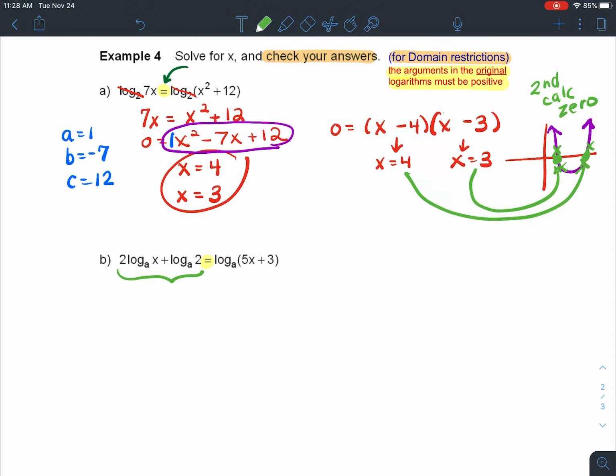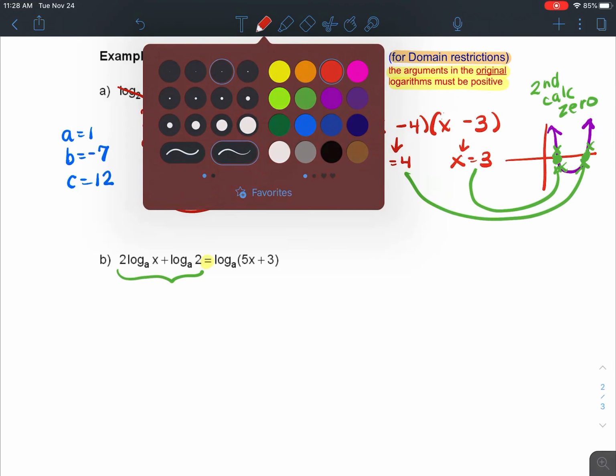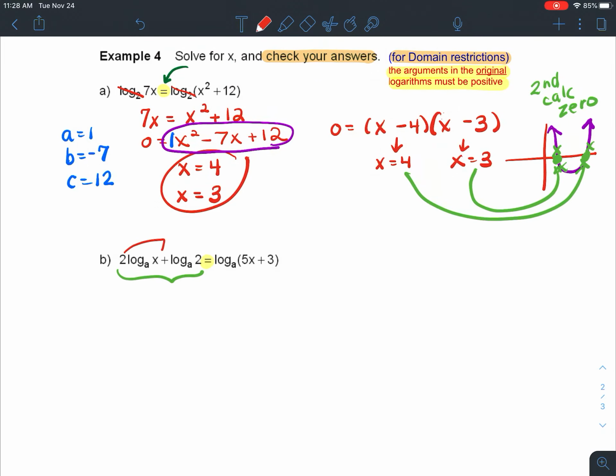So we talked in yesterday's video about how to combine logarithms. We said the circumstances have to be such that the bases are the same. You can see these bases here are both a's, and the coefficients have to be 1s. We don't have a 1 on this first logarithm, but we did learn the power property, which allows us to drag that coefficient up as the exponent on the logarithm's argument.